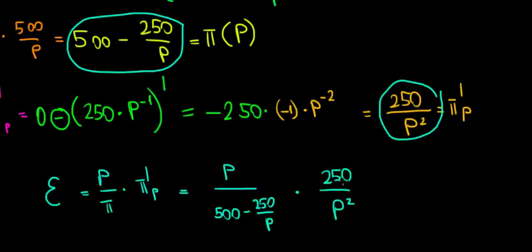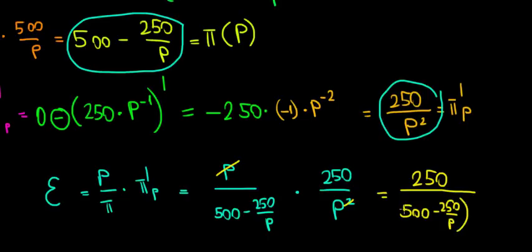Alright, what can we do from here? Well, p and p cancel out. So as a result, we would have 250 divided by 500 minus 250 over price, times the price, because 1p is left over here.